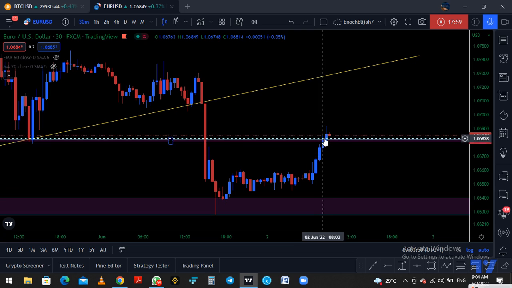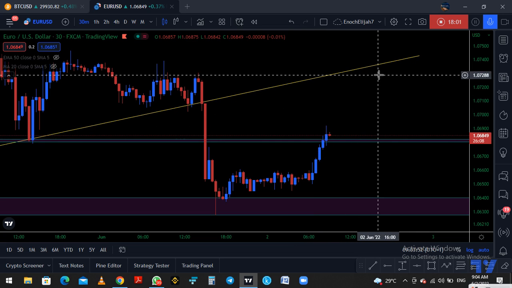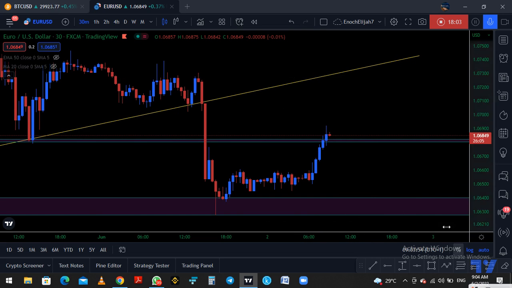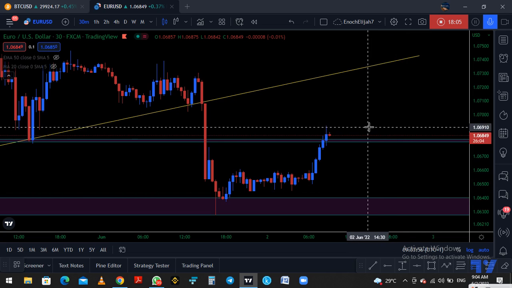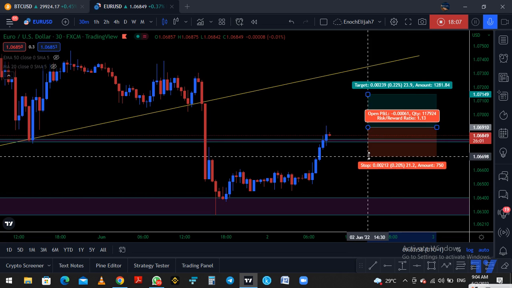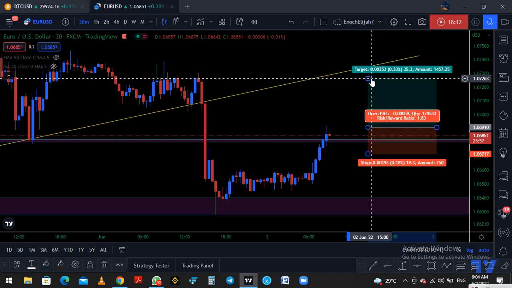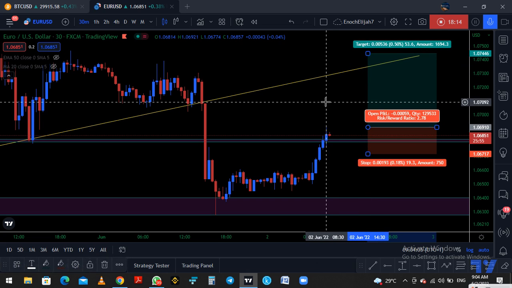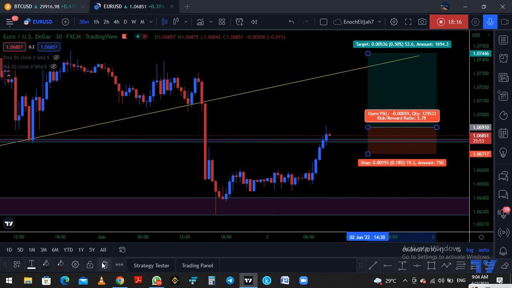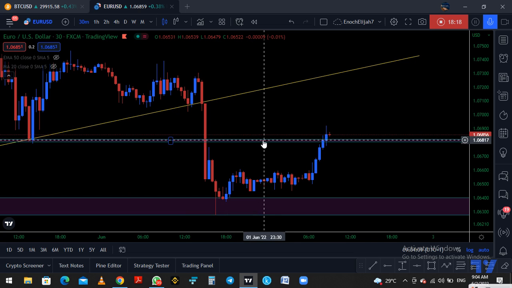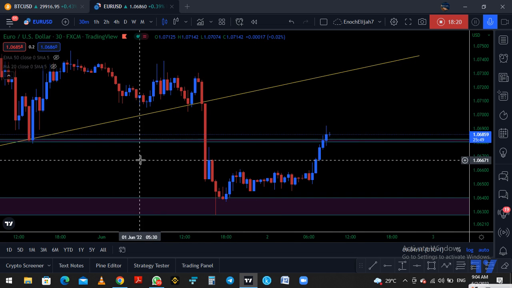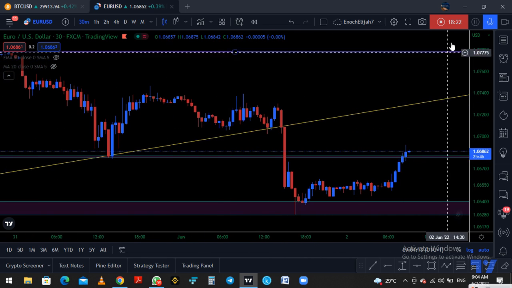If price does break right through this zone and we test it, then we can buy to the zone. Something like this. So let's see how it will go. So I'll continue in the next video. See you guys. Thank you.